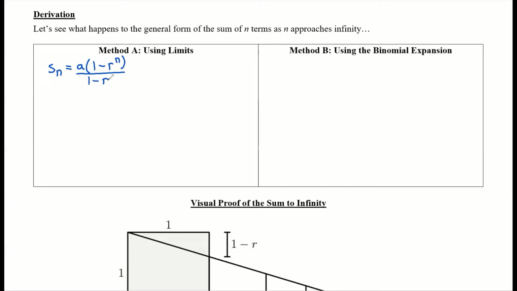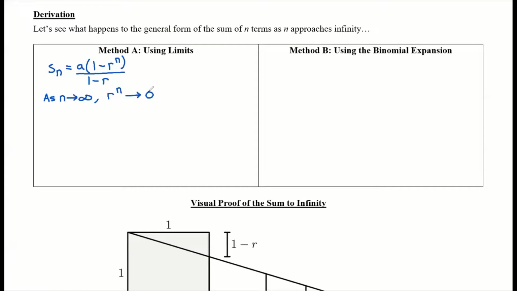Okay. Now we've seen from the example just above that as you let n approach infinity, r to the n seems to approach 0, doesn't it? Now, just think about why that is. It was something to do with the value of r, wasn't it? Okay, and we'll see why more in method B when we use the binomial expansion.